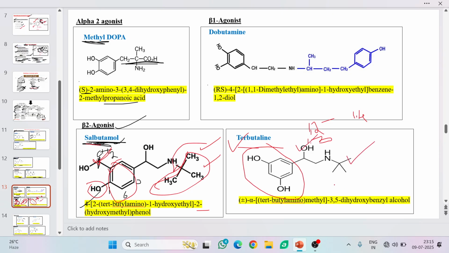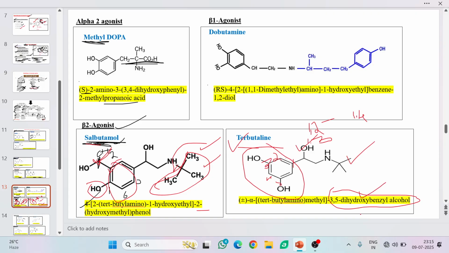Simply from the IUPAC name also you can identify it: 3,5-dihydroxy benzyl alcohol. If you give numbering 1, 2, 3, 4, 5, so 3,5 dihydroxy benzyl alcohol. This is the simplest trick.